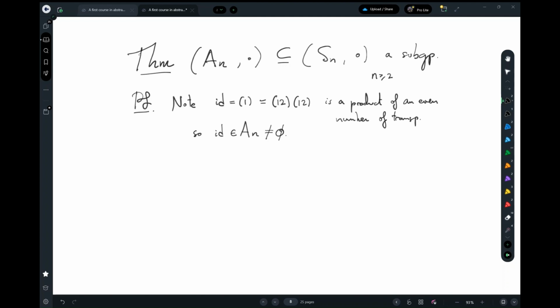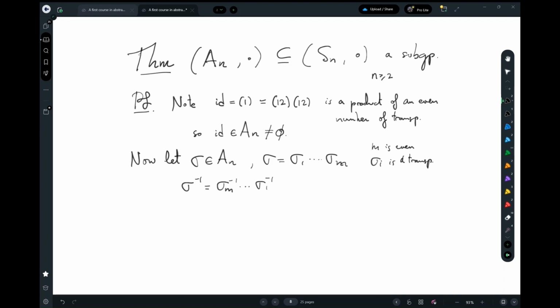And now I want to show you that it is closed under multiplication and inverses. So now let sigma be in An. Then sigma has an expression as an even product of transpositions, sigma 1 through sigma m, where m is even, and each one of the sigma i's is a transposition. And therefore, like in the previous proof, the inverse will be sigma m inverse times up to sigma 1 inverse.